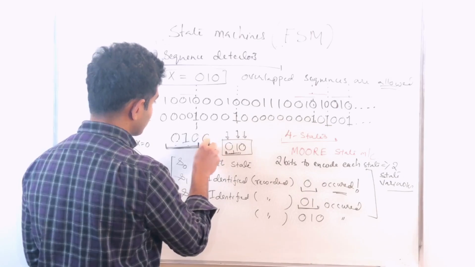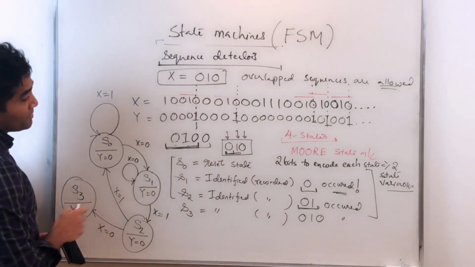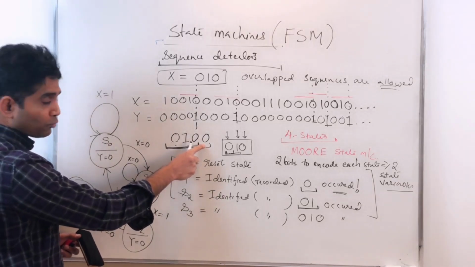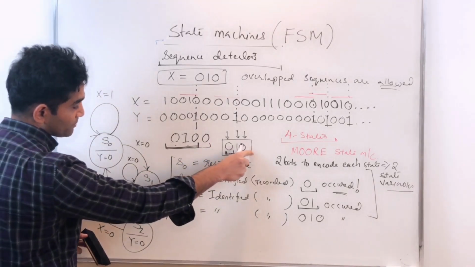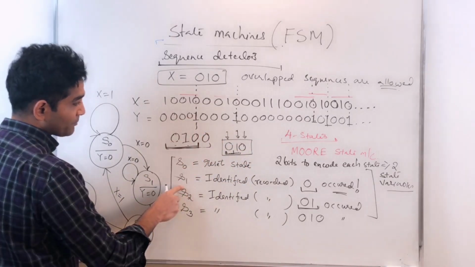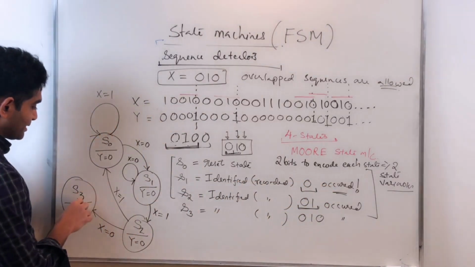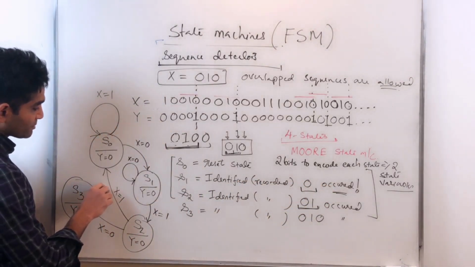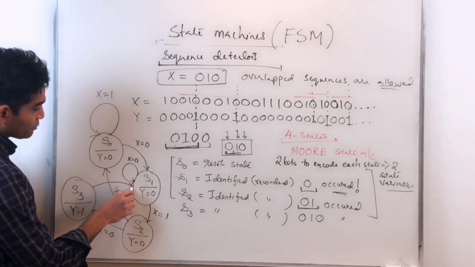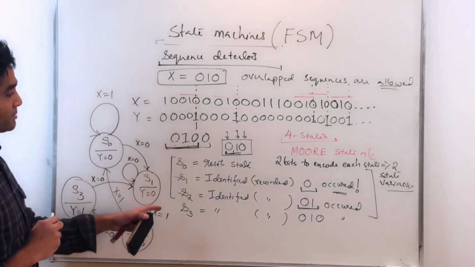A 0 occurs now in the S3 state. Now this 0 could be the start of another sequence, right? That means I need to transition to a state which has recorded that a 0 has occurred. So when I'm in the S3 state, if 0 occurs, then I need to transition to the S1 state. x equal to 0 takes me to the S1 state.